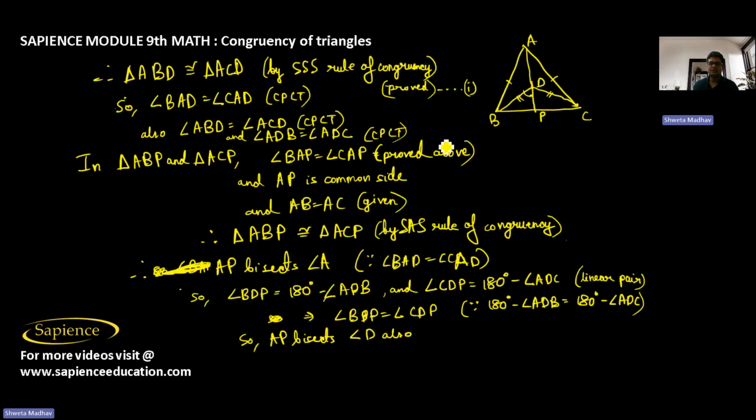So AP is the perpendicular bisector. So now from here, we can also say that BP is equal to CP and angle BPD is equal to angle CPD, since by CPCT, since we have shown that triangle ABP is congruent to triangle ACP.